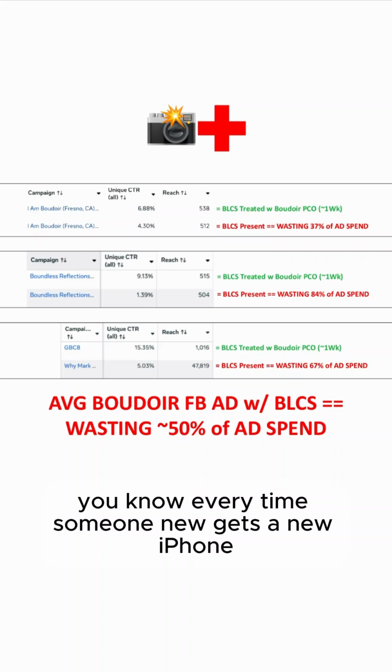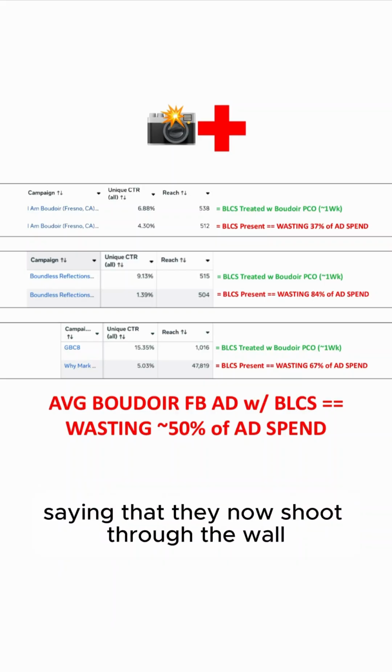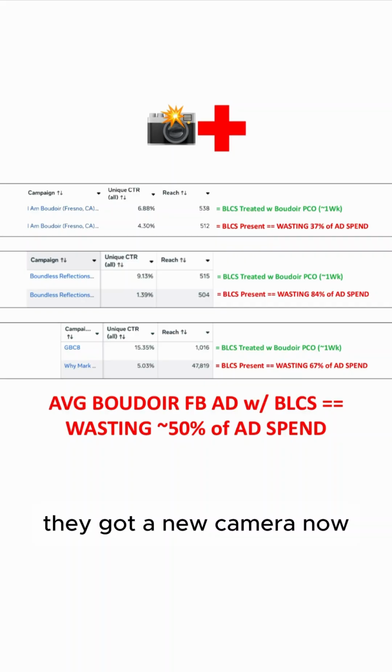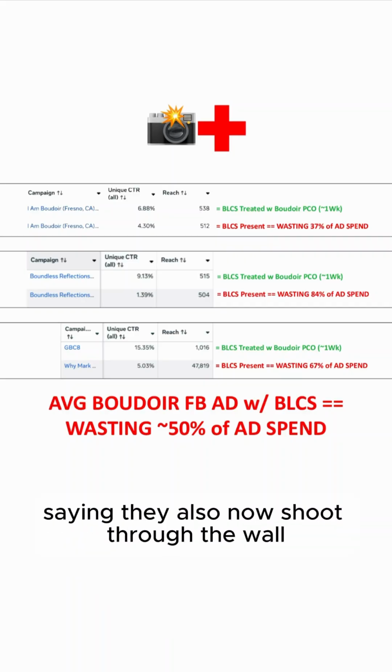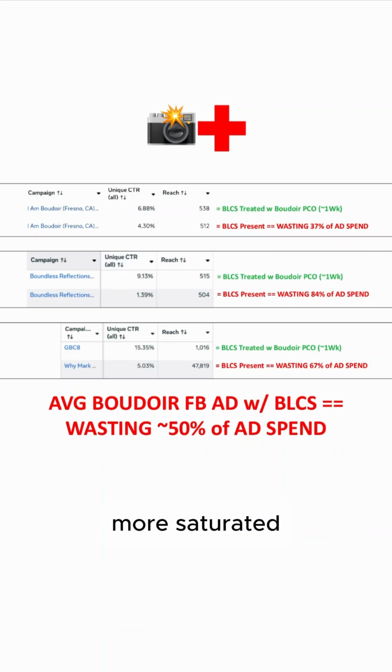Every time someone new gets a new iPhone, they're putting up their Google Maps profile saying that they now shoot boudoir, or they got a new camera. Now they're in the mom group saying they also now shoot boudoir. It's becoming more and more competitive, more saturated.